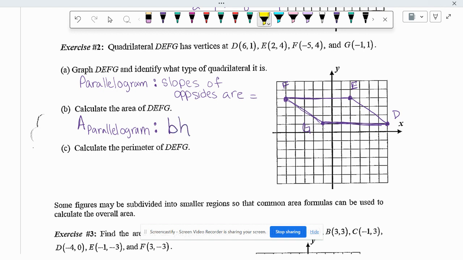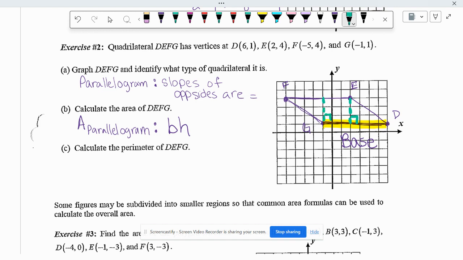So let's let this measure represent our base. And remember, we said that our base and our height are perpendicular to each other. So we just have to draw a perpendicular line that represents the height. I can put it here, or I can put it here.